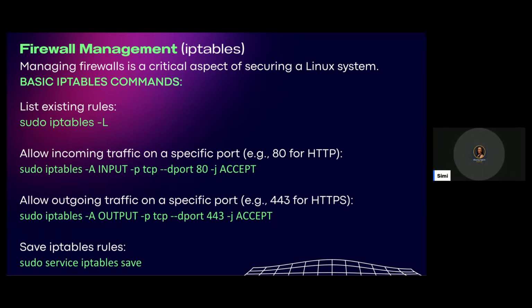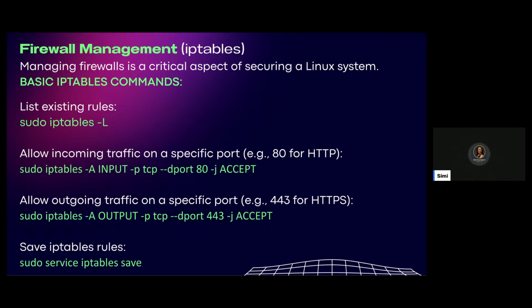So majorly it's just these commands that you have. Let me explain this command: allow incoming traffic on specific ports. In this case, you want to allow traffic on port 80, which is for your web server or the application that runs on port 80, right? So this is how you do it. As mentioned earlier, you have to use sudo if you are not the root user, because these commands require root privilege to work.